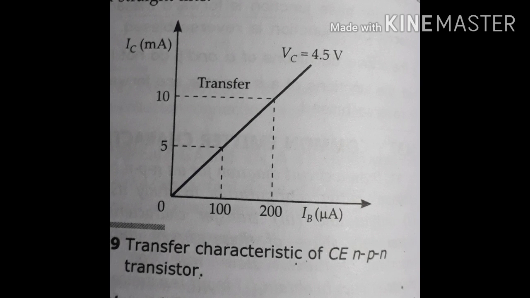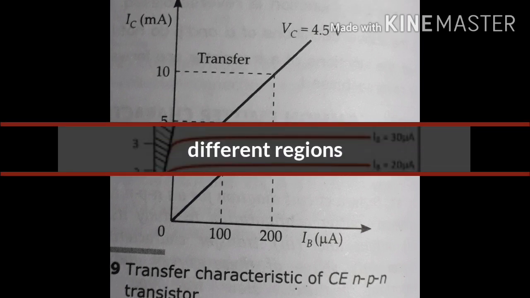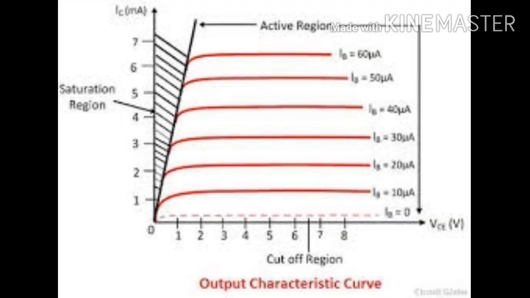That means we vary base current IB and see the changes in collector current IC, and thus we get the transfer characteristic curve when VCE is kept constant. From this curve, we can see that it is a straight line, and we can again calculate current gain beta equals delta IC divided by delta IB. Throughout the curve the slope is the same, so beta will be the same for constant VCE.